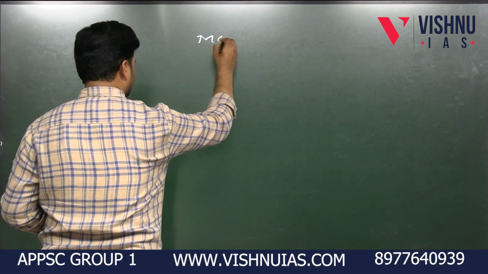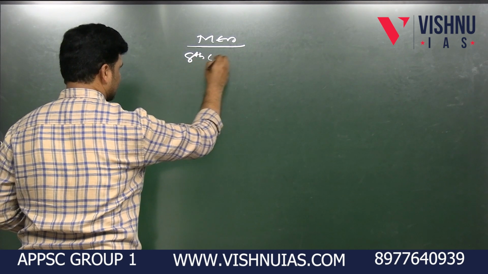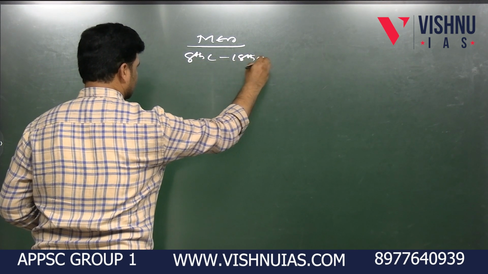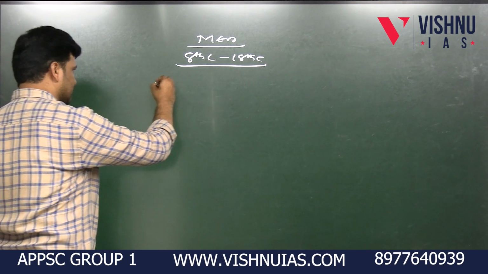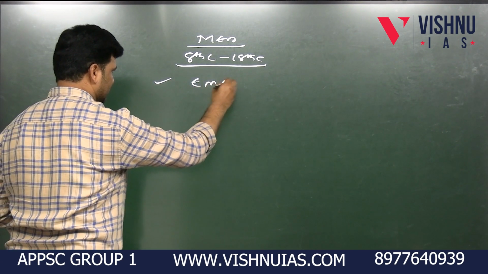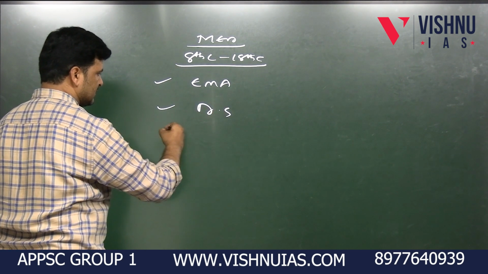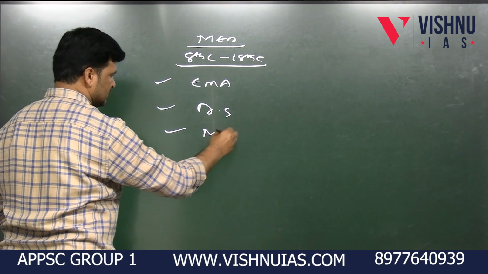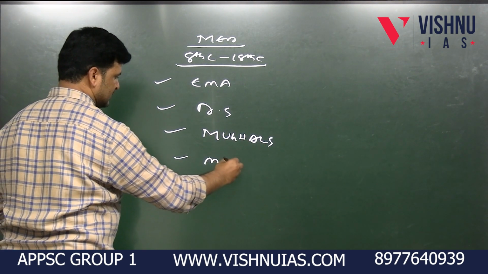As far as medieval Indian history is concerned, from the 8th century to the 18th century, we have many topics. One among them is the early medieval age, which is to be concentrated on, followed by Delhi Sultanate, followed by Mughal Sultanate, and finally the Marathas.